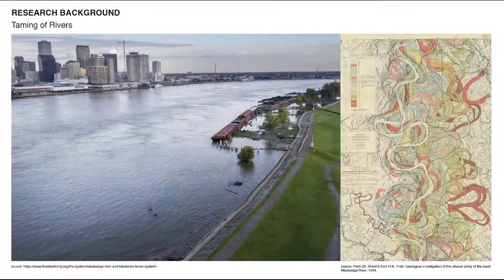What is happening in the Brahmaputra is not a unique phenomenon. It's part of what's happening all around the world. Here you can see the Mississippi River in the picture, the straightening of the Mississippi River, part of this process of taming rivers all over the world. And this is a map by Harold Fisk. He traces the meanders of the river in various different years.